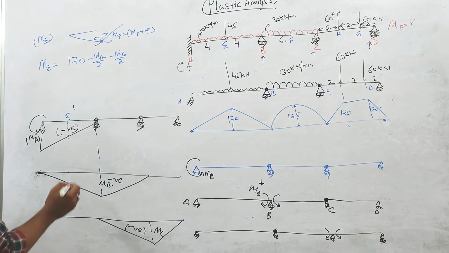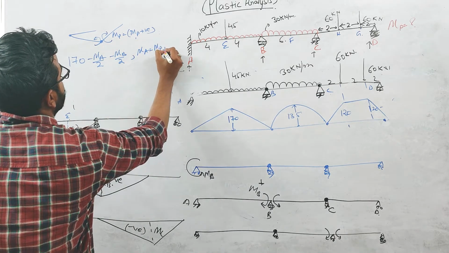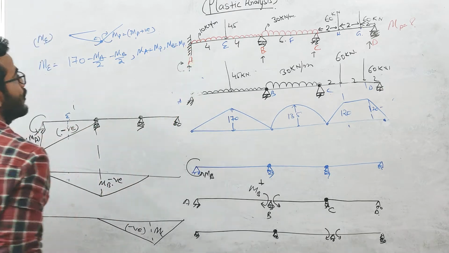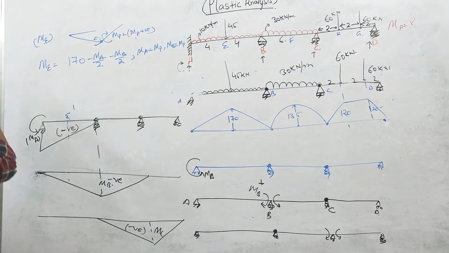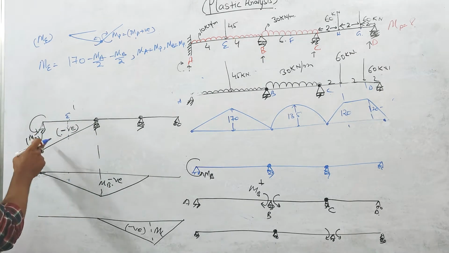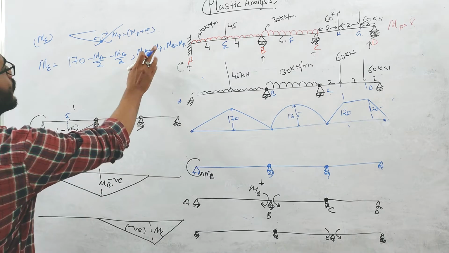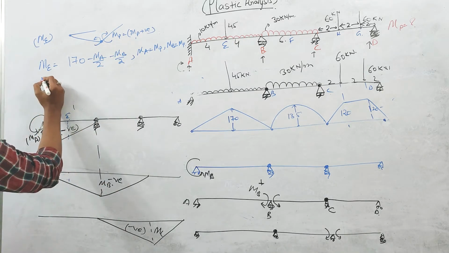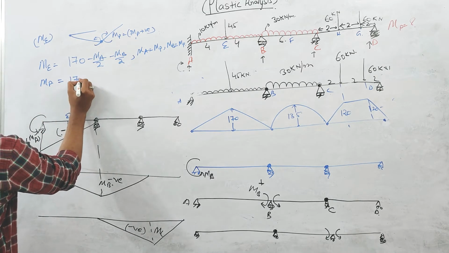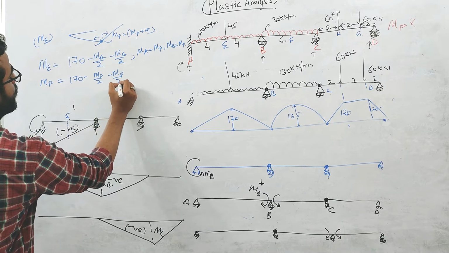Okay, so for the plastic collapse, MA will be equal to MP, and again MB is equal to MP. We are not taking MA equal to minus MP because we have already considered the direction over here. We are taking this MA on the negative side, right? So no need to consider MA equals minus MP. So if you solve this, ME will be equal to MP. So this will be 170 minus MP by 2 minus MP by 2, right?